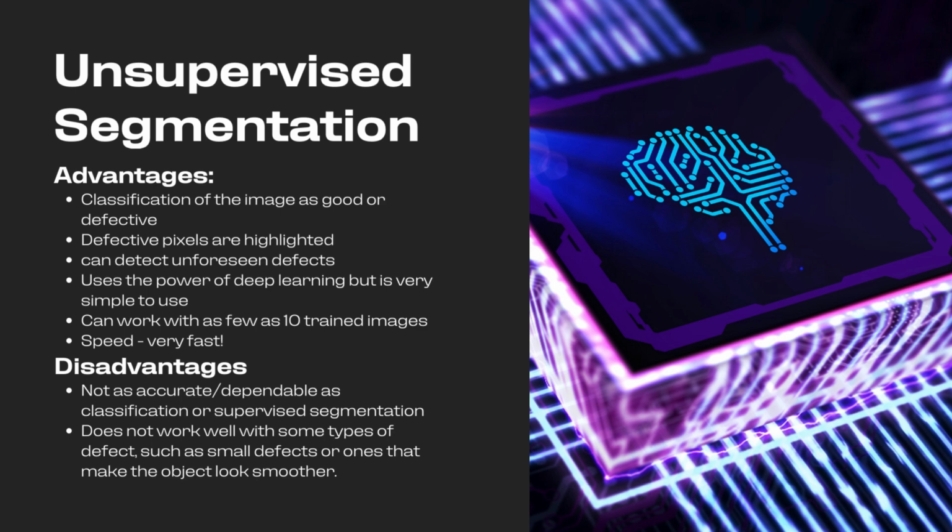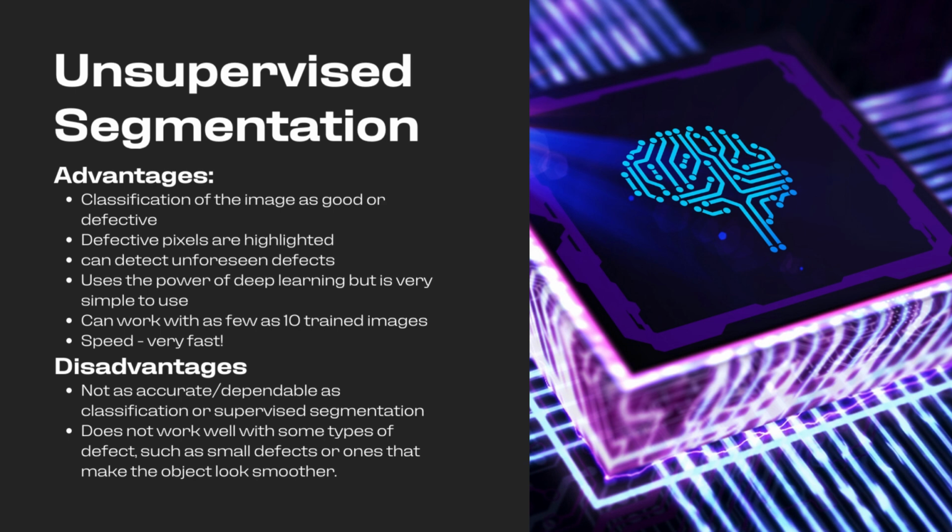It uses the power of deep learning, as we've just said, but it's very simple to use. Because now it says here we can work with very few images, maybe as few as 10. The reason for this depends on the nature of what we're looking at.